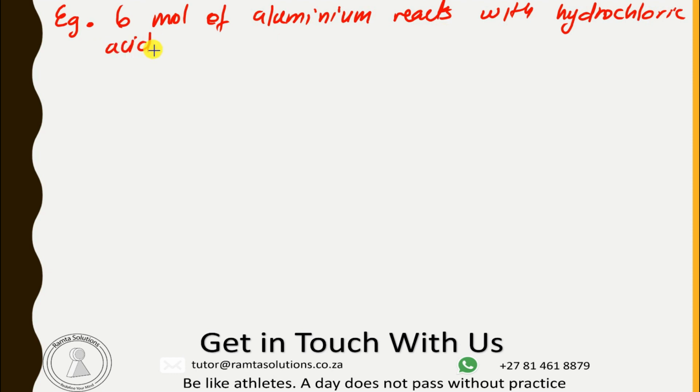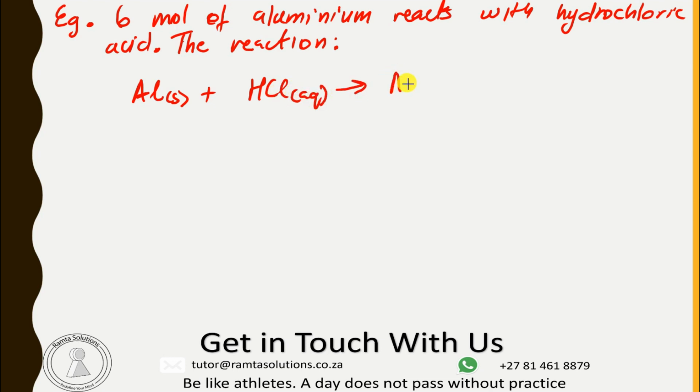The reaction is aluminum in solid phase, hydrochloric acid in aqueous phase, giving us aluminum chloride in aqueous phase plus hydrogen gas.